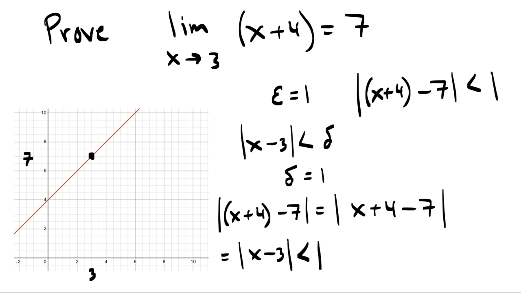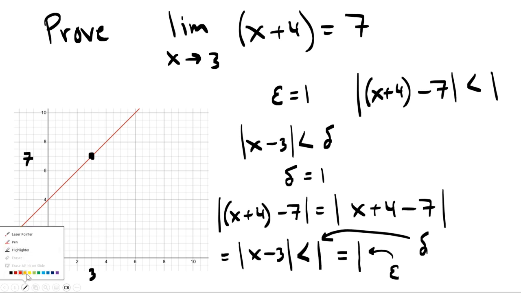True, true? So hold on. That's delta, isn't it? Right here, that's delta. And in fact, we can actually even write epsilon, right? Epsilon is this one right here. Right, 1 is equal to 1. So in fact, that's delta. This guy's epsilon. But now the question is, is this inequality true? Did I find the solution? Yes. Because notice, let me do this with the highlighter here.